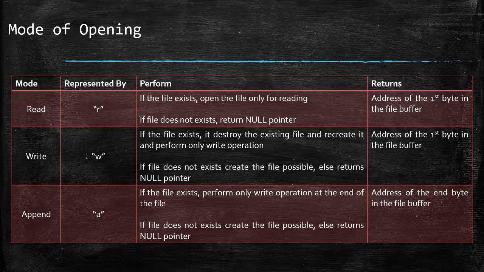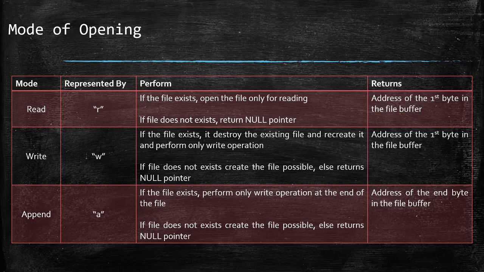Now the append mode does not return the first byte address of the file buffer. The reason is that in append mode we can perform the write operation after the existing data. So here it will return the last position, or the end byte position, in the file.